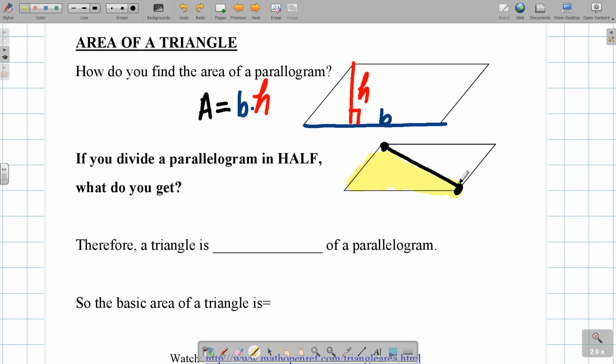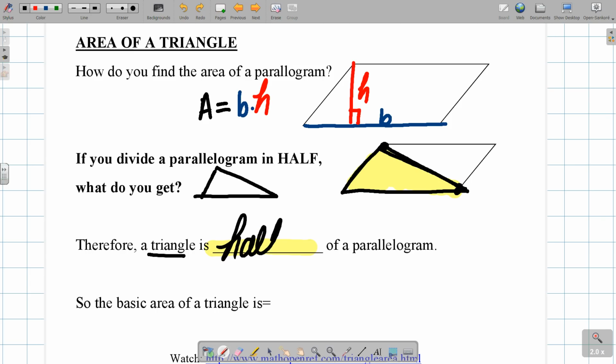Shade half. When you divide a parallelogram in half, ask yourself, what shape do you get? You get a triangle. So a triangle is half a parallelogram.